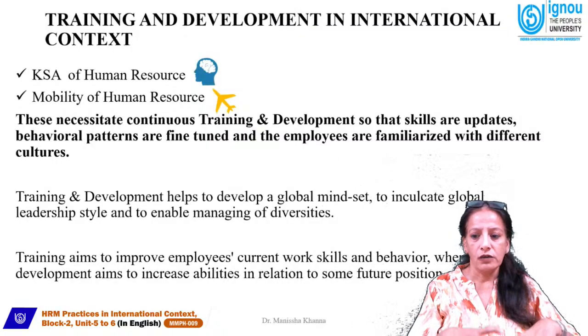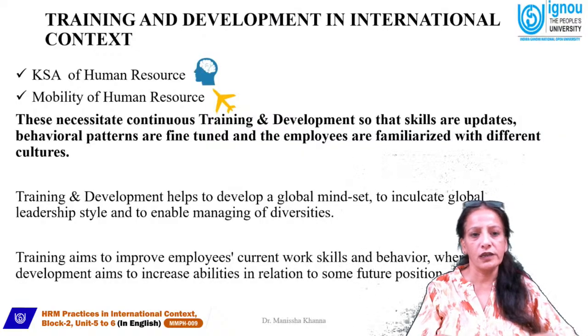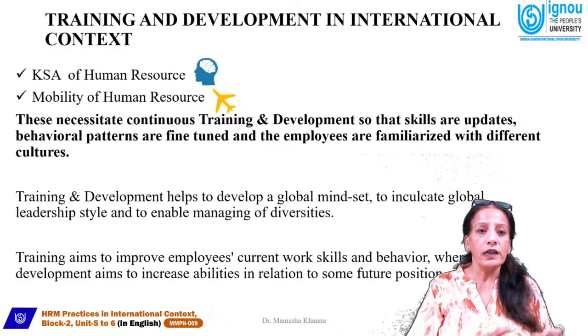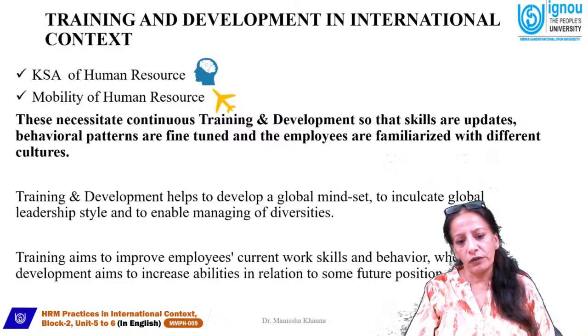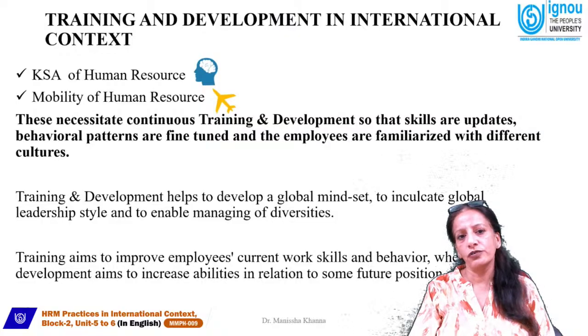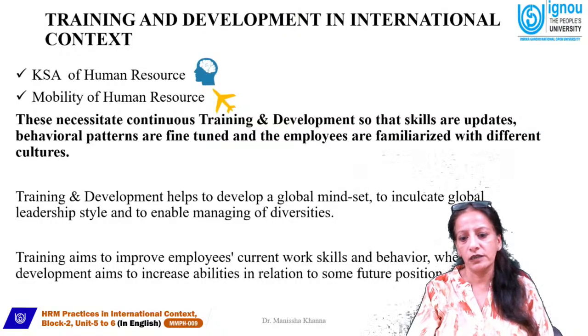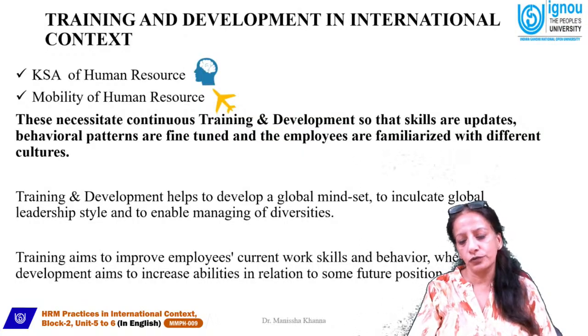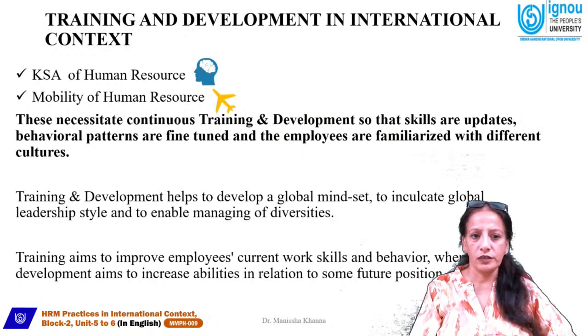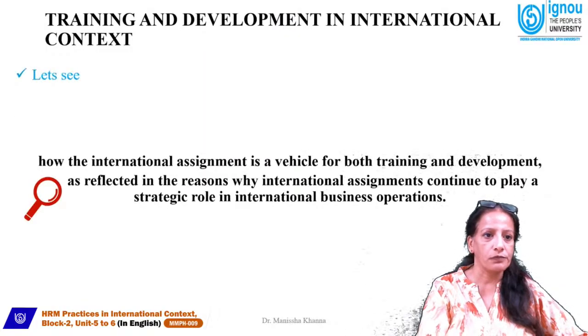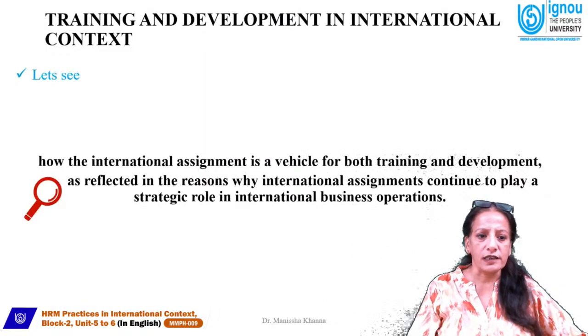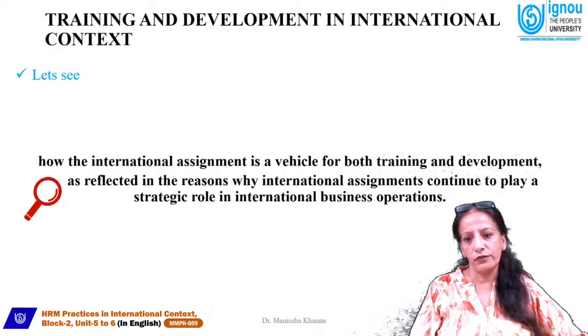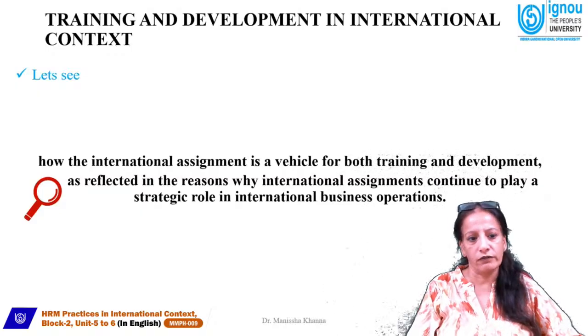So here, when we say KSA of human resources, key skill areas is all about training, and when we say knowledge, skills, and attitude, it is referred to as development, where we focus on increased abilities in relation to some other position or future position, when it comes to succession planning also. So let's see how the international assignment is a vehicle for both training and development.